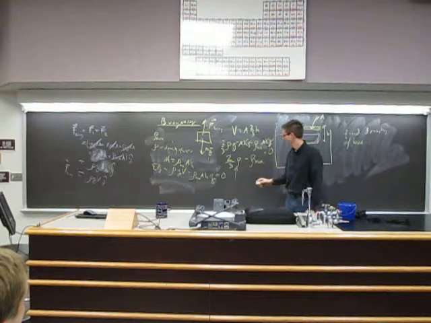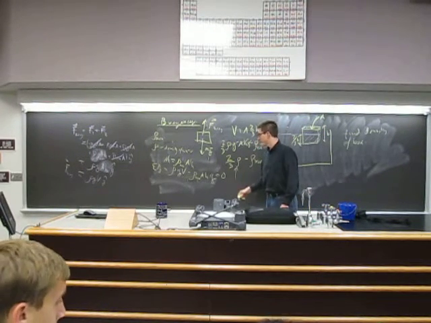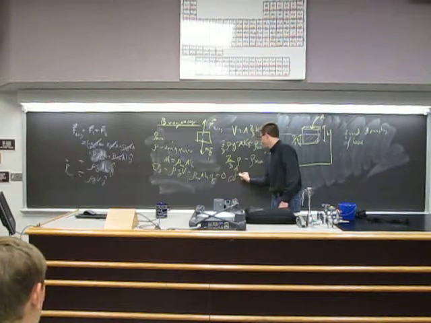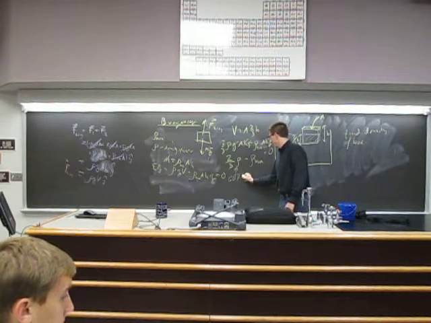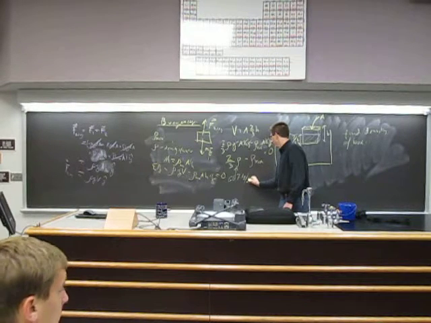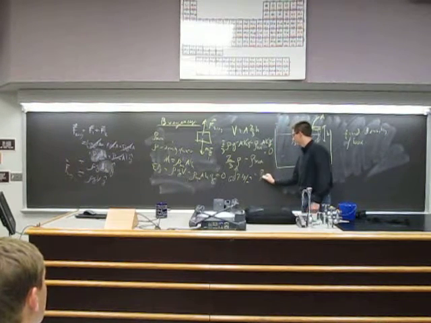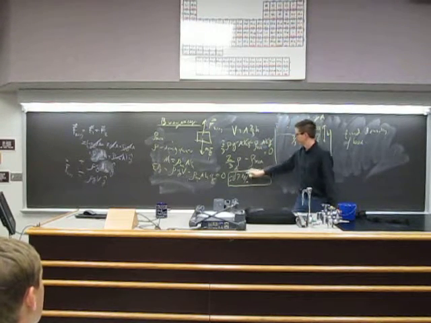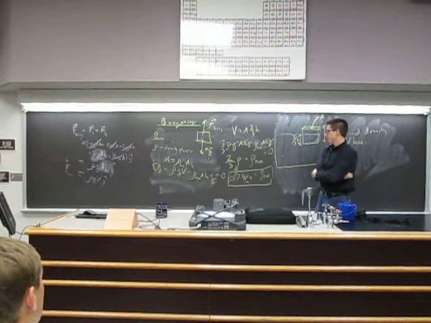Yep, very good. So this is 2/3 times 1,000 kilograms per meter cubed. That's 667 kilograms per meter cubed, which is rho box. Make sense?